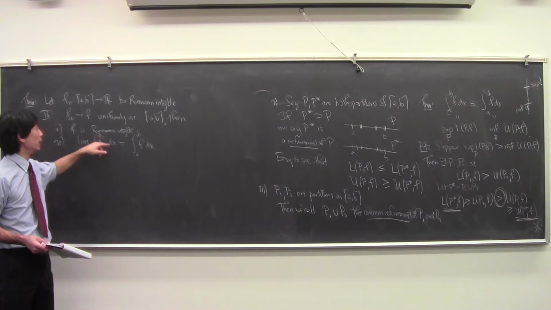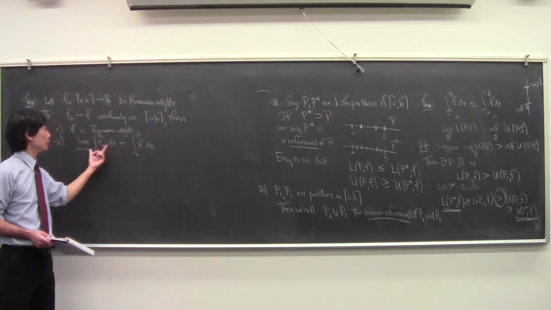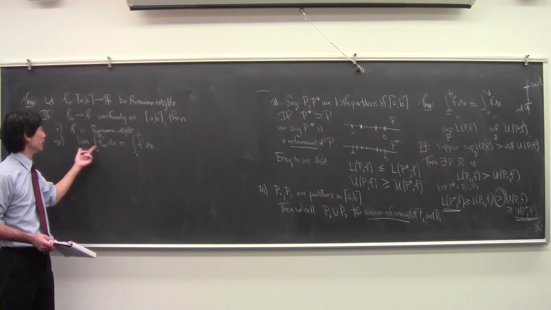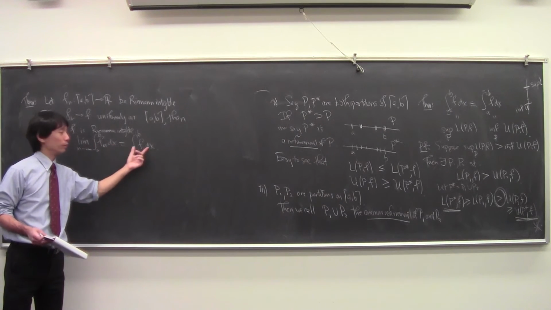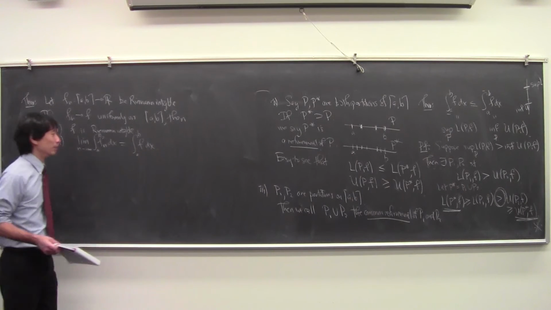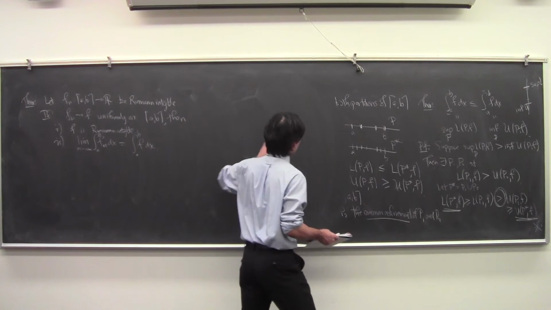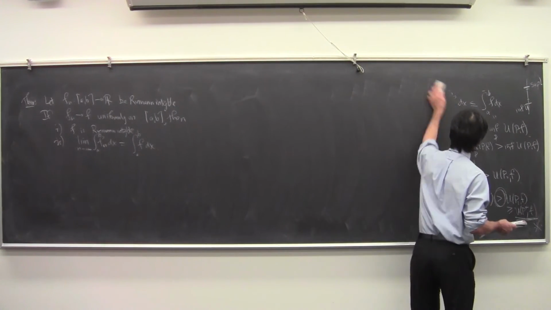And we also saw that even if it is integrable, you might not be able to commute the limit and the integral, right? We saw examples where the limit of the integrals was 1, but the integral of the limit was 0. But what this says is that if we have uniform convergence, then it all works out like we would hope.